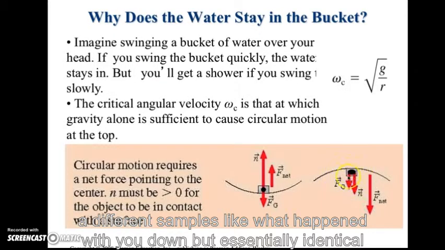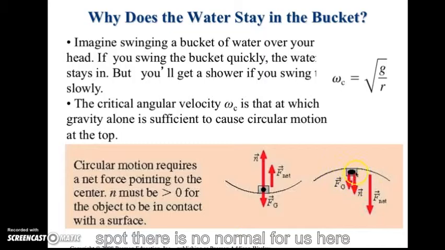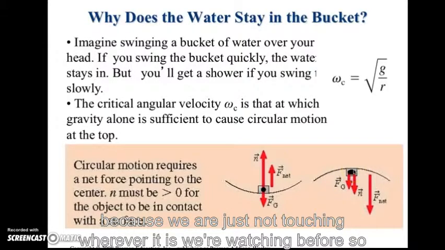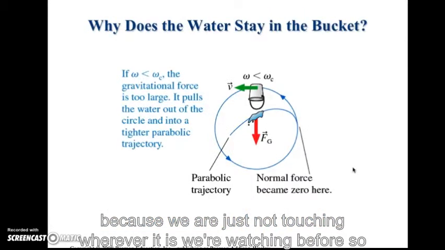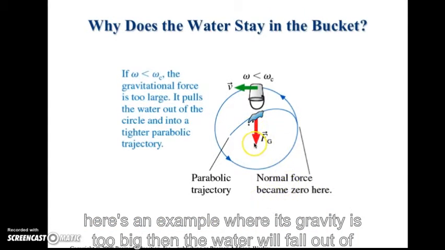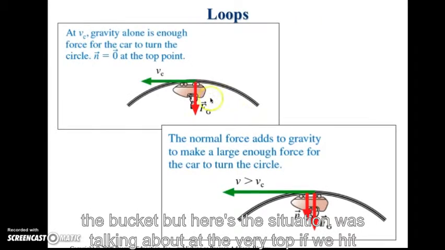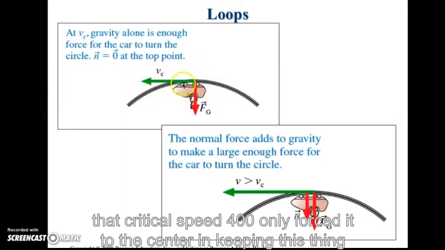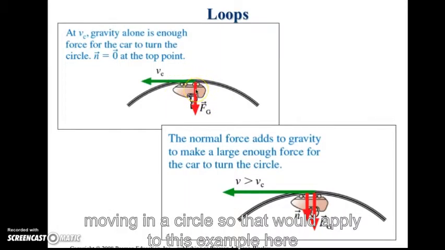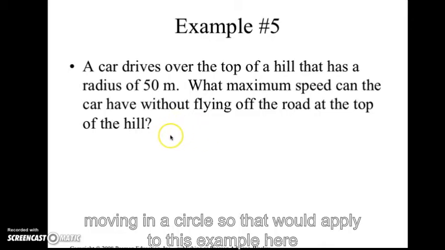Weight's pulling you down, but essentially at a magical spot, there is no normal force here because we are just not touching whatever it is we were touching before. Here's an example where if gravity is too big, then the water will fall out of the bucket. But here's the situation I was talking about. At that very top, if we've hit that critical speed, the normal force will actually be 0. And so the only force that's pointing to the center and keeping this thing moving in a circle is the force of gravity.